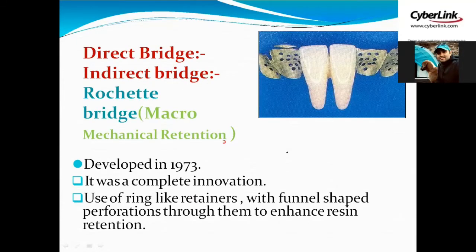Roche bridge was the first resin-bonded prosthesis design. Roche was the first to design a resin-bonded prosthesis in 1993. He used wing-like retainers with funnel-shaped perforations. You can see here the funnel-shaped perforations.